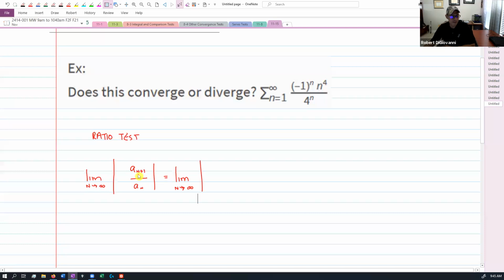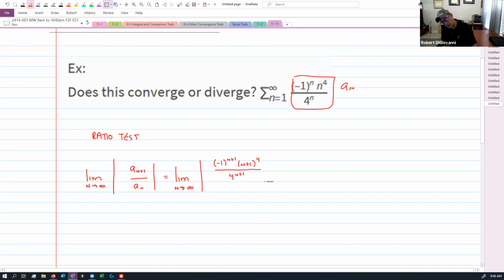A sub n plus 1 means you plug n plus 1 into this formula. That's a sub n right there. So let's plug in n plus 1. We should get -1 to the n plus 1 times n plus 1 to the 4th power over 4 to the n plus 1.